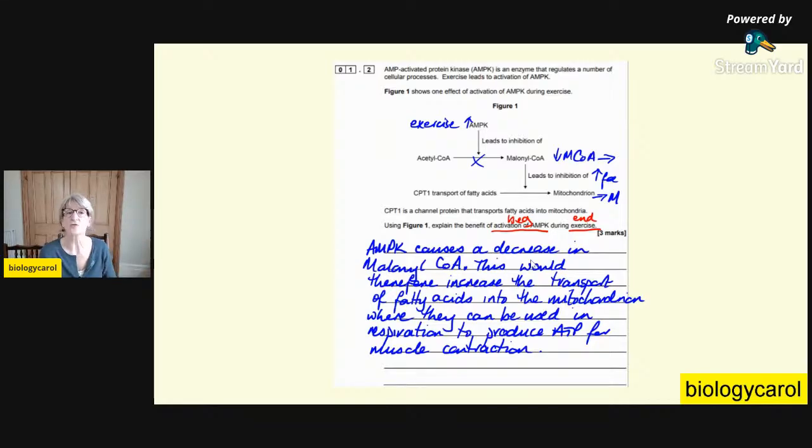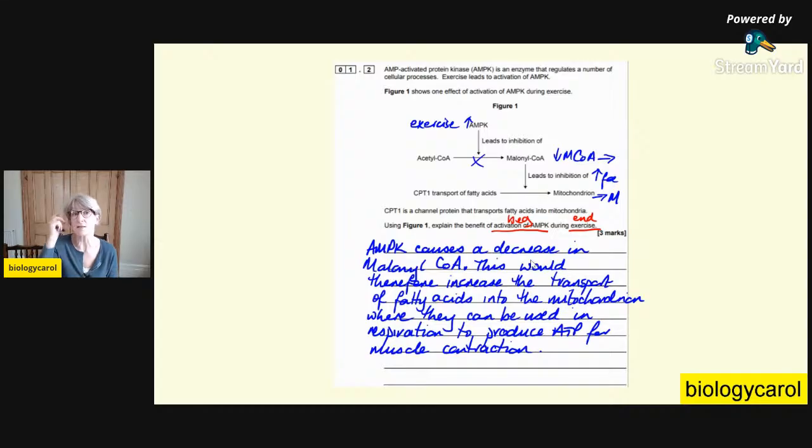But the end of the story is when I get to relating it to exercise. And here is my absolute tip to you. Whenever you see the term exercise in a question, think muscle contraction, ATP, respiration, because those are often mark points.